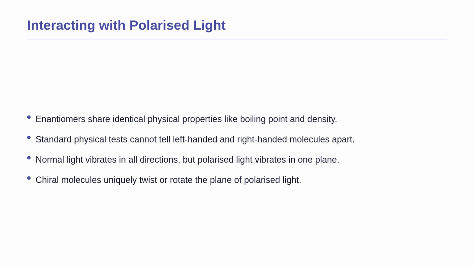Normal light waves vibrate in all possible directions, but when passed through a special filter, the light waves vibrate in only one single flat plane. When this plane polarized light passes through a solution containing chiral molecules, the molecules actually twist or rotate the plane of the light. This twisting effect is our key to measuring chirality.